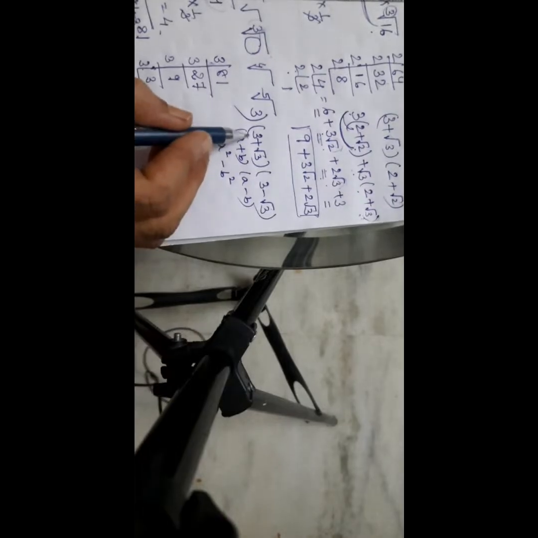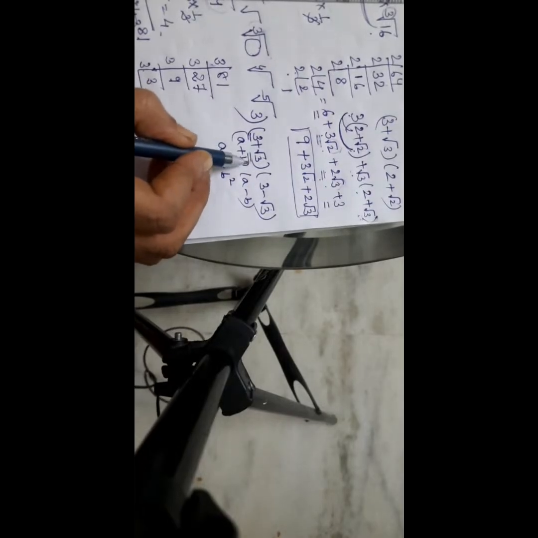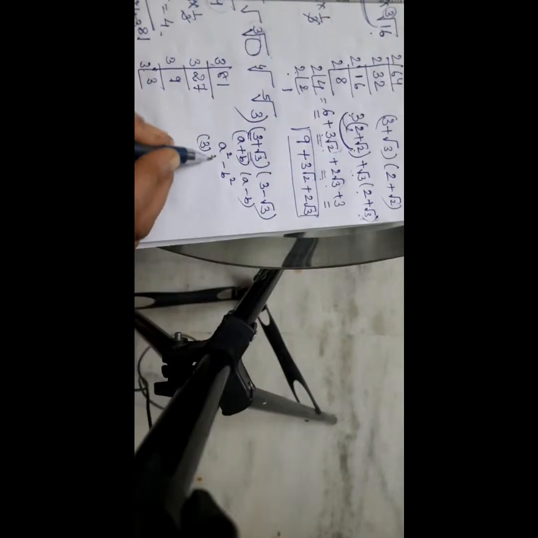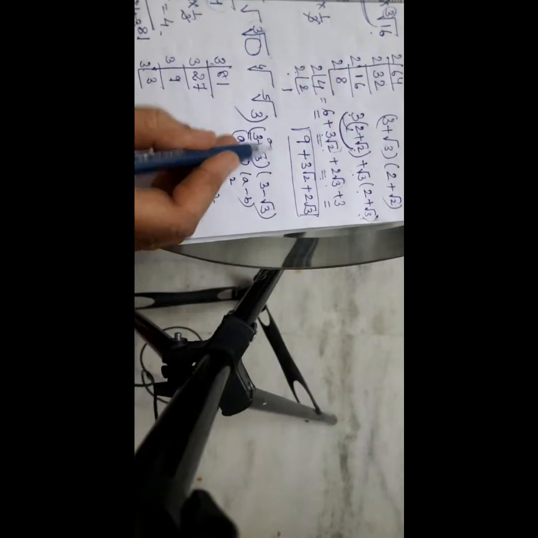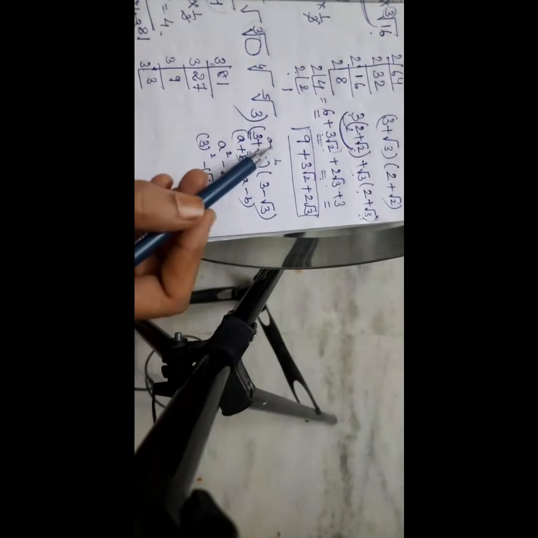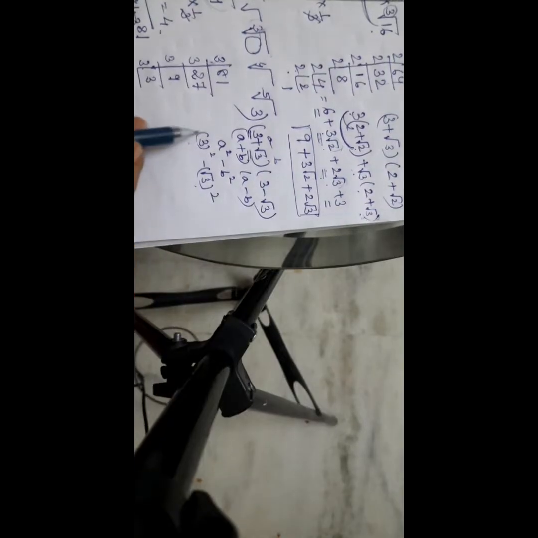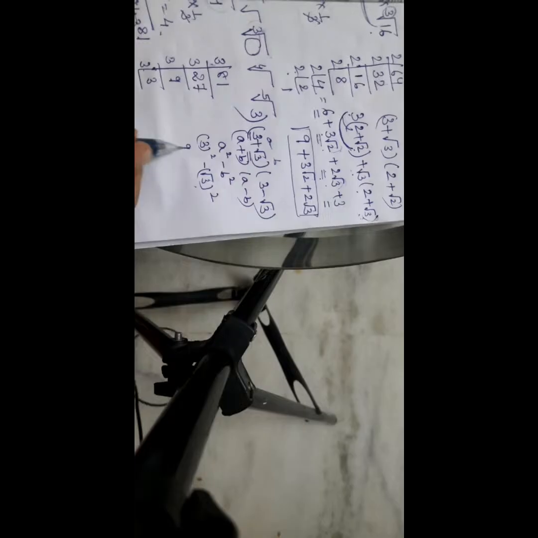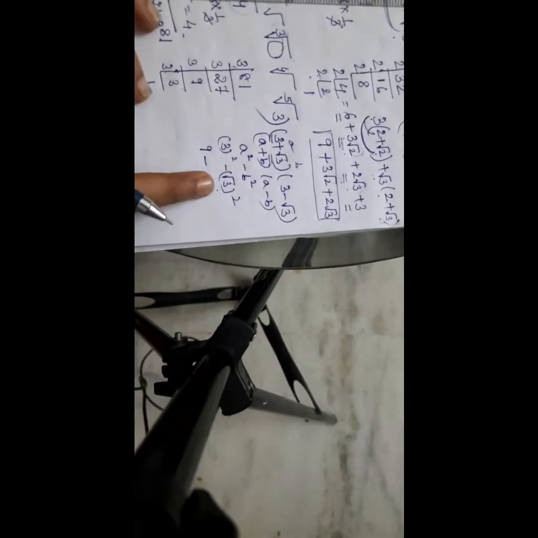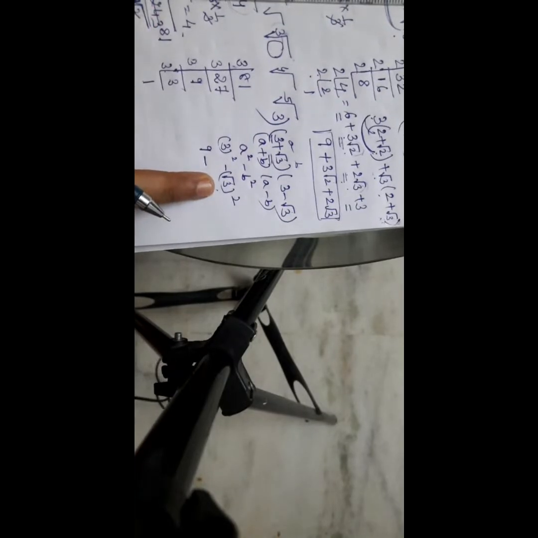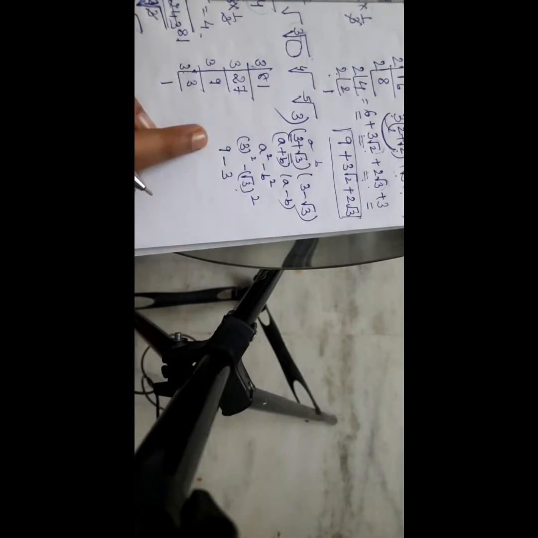Here this is a and this is b, so we make it 3 square minus root 3 square. Now 3 square is 3 times 3, which is 9. Root 3 multiplied by root 3 is 3. Simply we can subtract: 9 minus 3 is 6. This is the final answer.